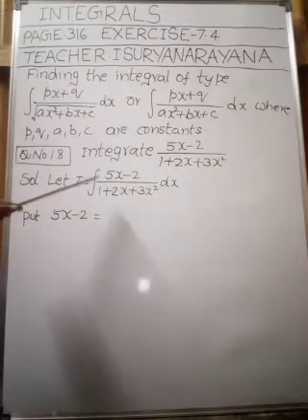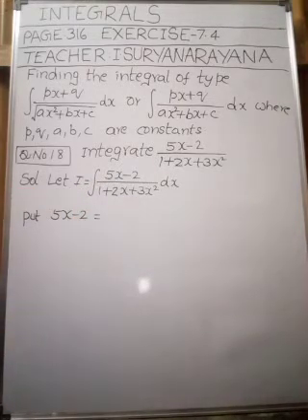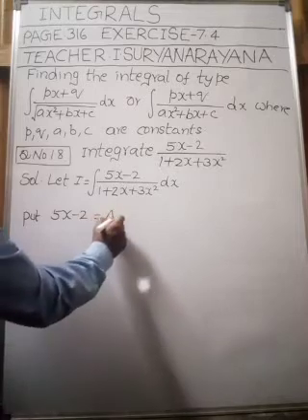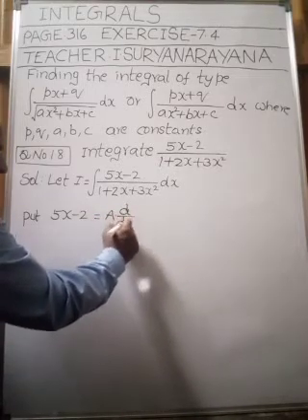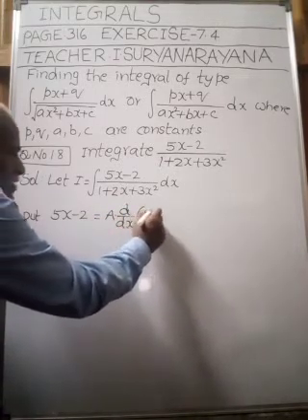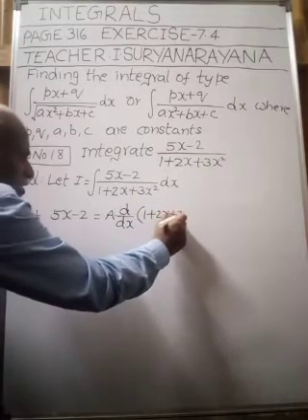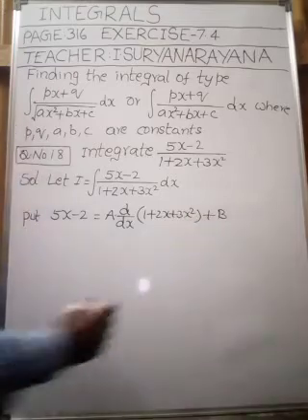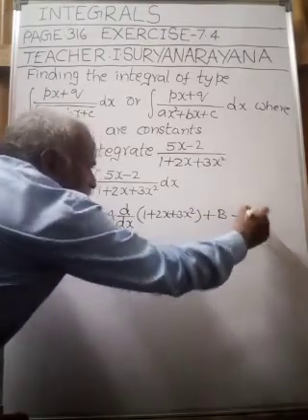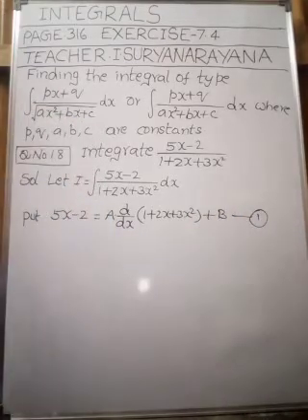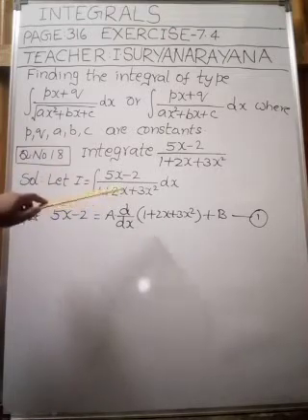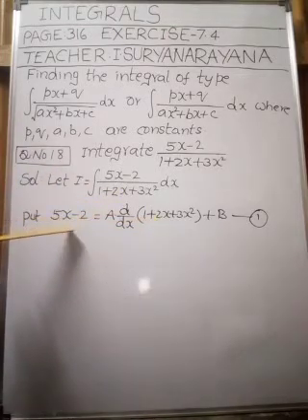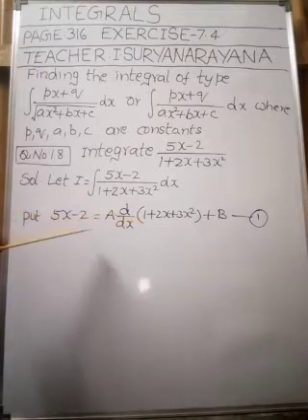We have to assume that 5x minus 2 is equal to A into d by dx of (1 plus 2x plus 3x square) plus B. They don't give this equation. We have to assume this equation 1.